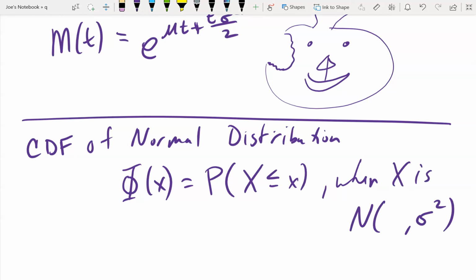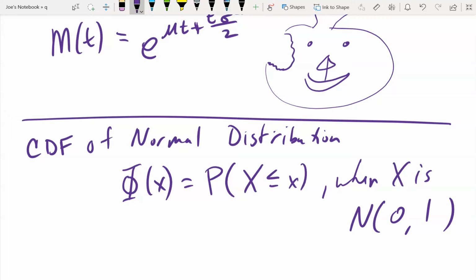Sorry, not mu, sigma squared. It has to be 0, 1. That means a normal distribution with mean 0 and standard deviation 1, or variance 1. So it's like a z-score. Yeah, that's exactly right.